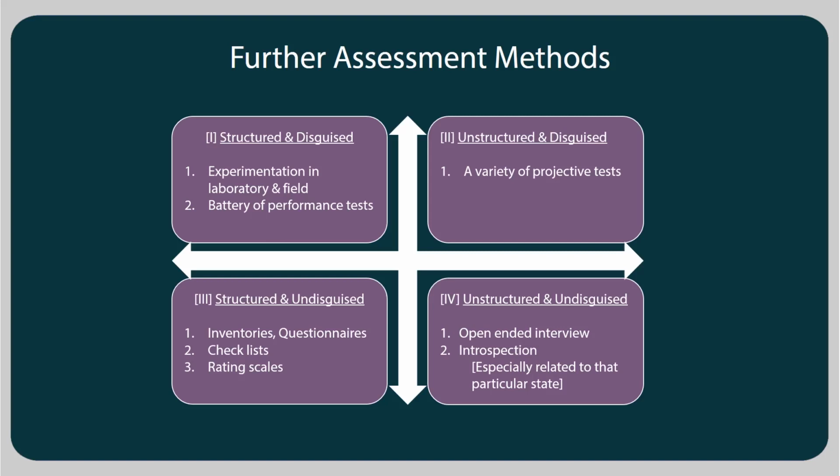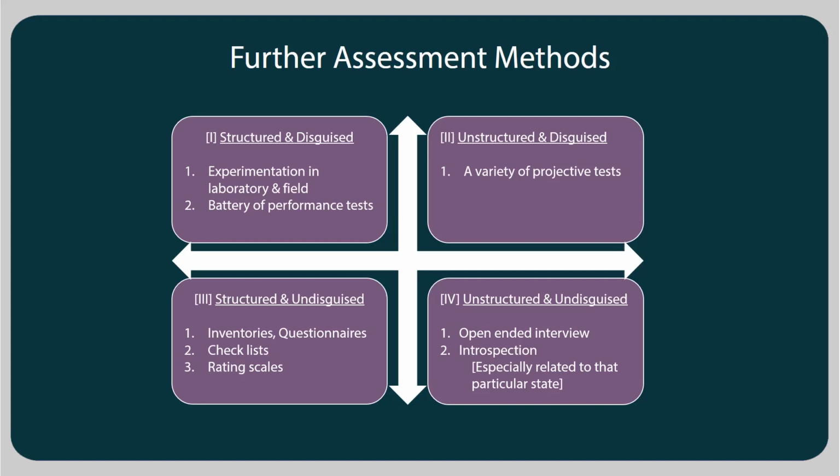In unstructured and disguised, we have a variety of projective tests. In the third category, structured and undisguised, we have inventories, questionnaires, checklists, rating scales. The fourth and last, unstructured and undisguised, includes open-ended interview and introspection, especially related to that particular state.